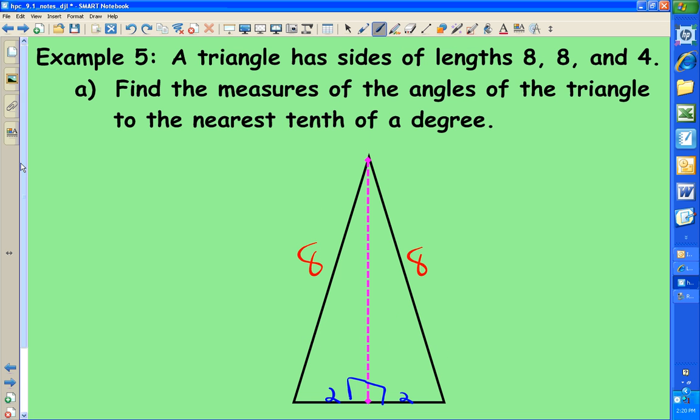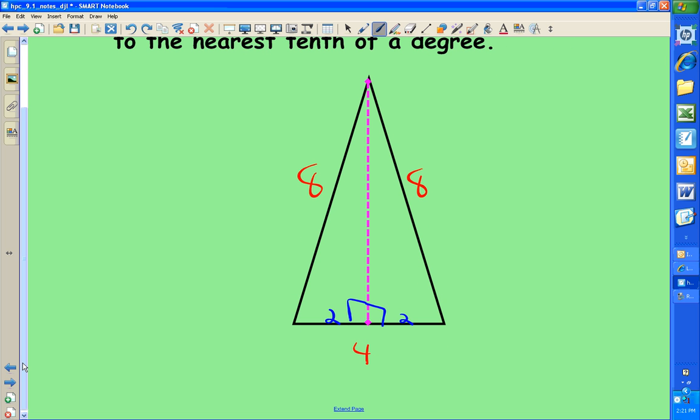All the angles. How many angles do you need to find using trig? 1. Remember, lazy. So we want to do the least amount of work. Let's call this angle here theta.